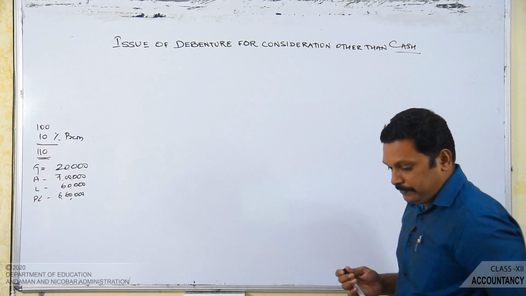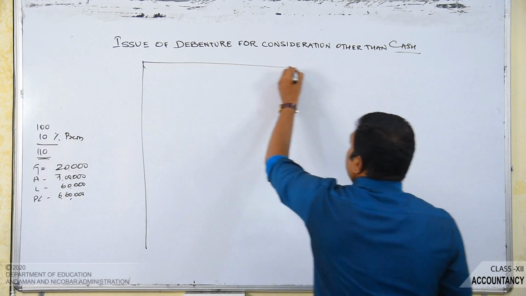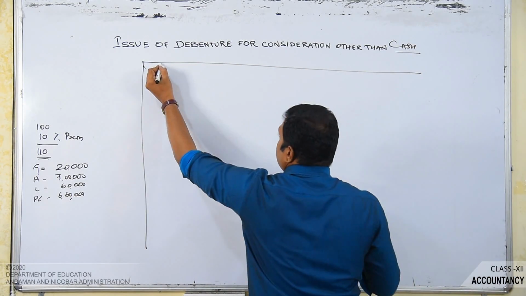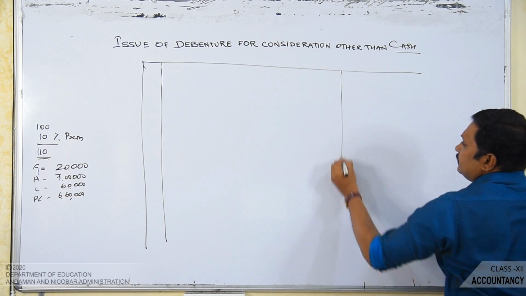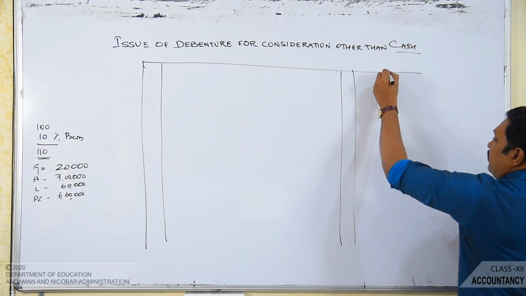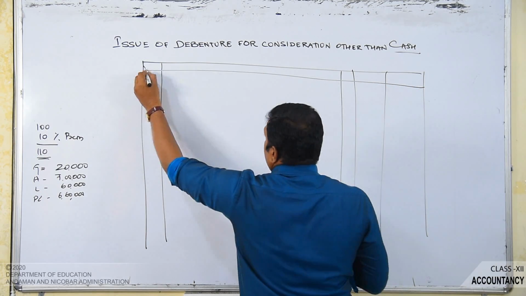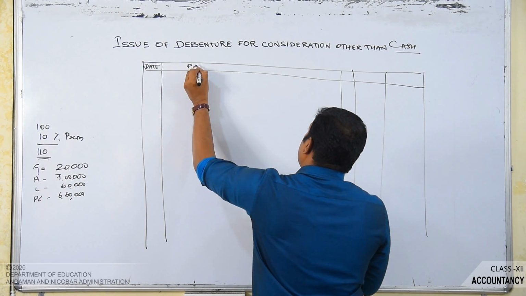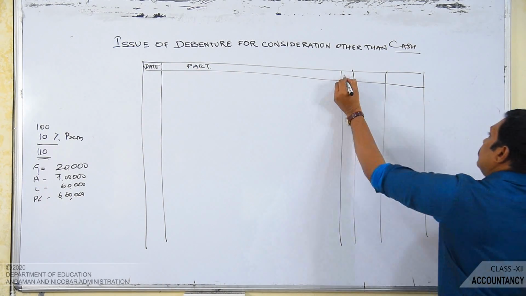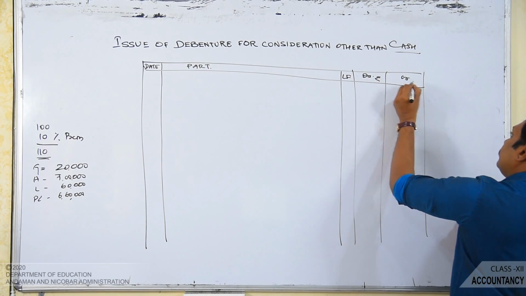The first entry is just like the previous entries, where we have to debit all the assets and credit all the liabilities. The same way we have to prepare: date, particulars, ledger folio, debit, credit.